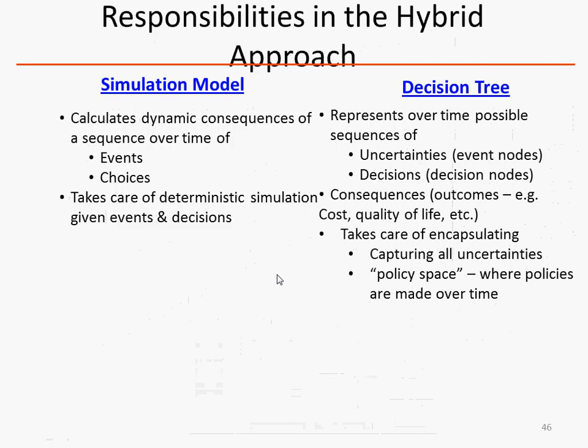Okay. So this is the essential division of responsibilities here. The simulation model is responsible for some things, and the decision tree has its own bailiwick, responsible for other things. The simulation model here is designed to calculate the dynamic consequences of a sequence over time of events and choices. Its job in life is to accurately capture the impact if you assume a certain temperature at each different week of the summer.